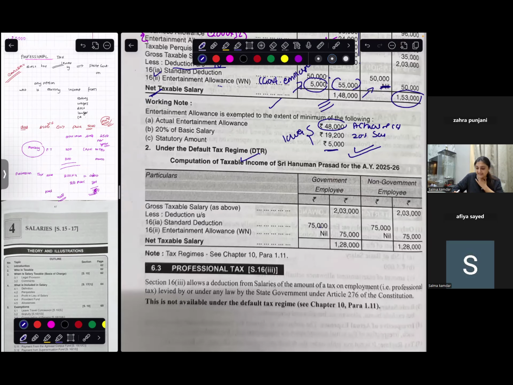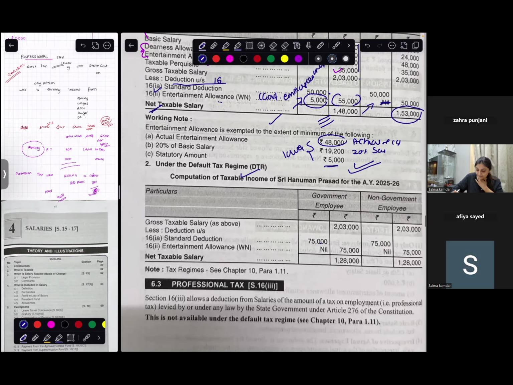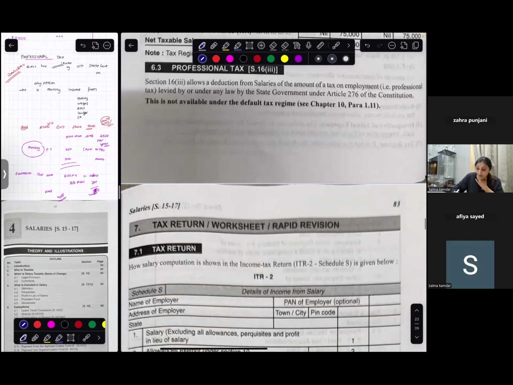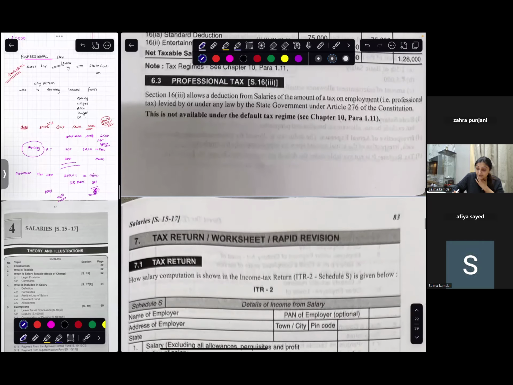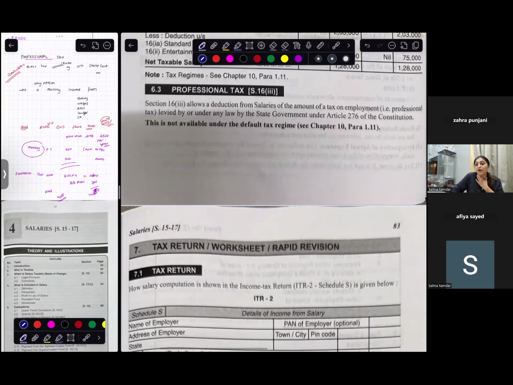But why is the entertainment allowance nil in the government allowance? Okay. Sorry, what did you say? In the default tax regime, they've increased 25,000 over there, right?